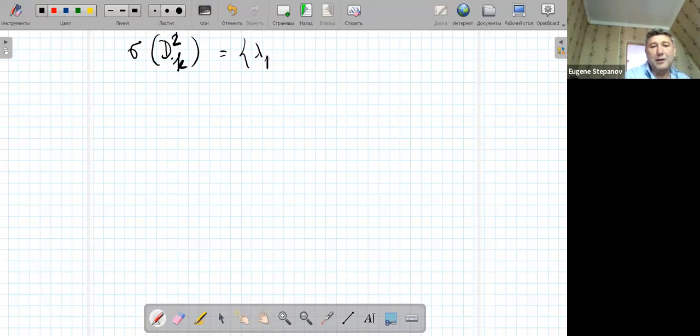So it will be lambda_1, lambda_1k, etc., lambda_kk. What do you know about this sequence?